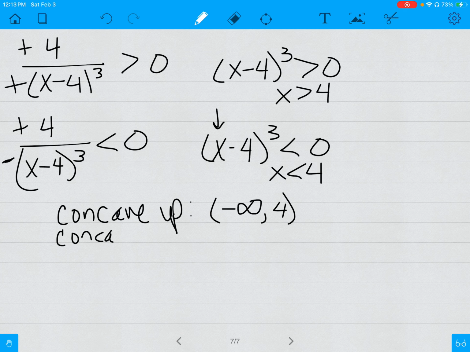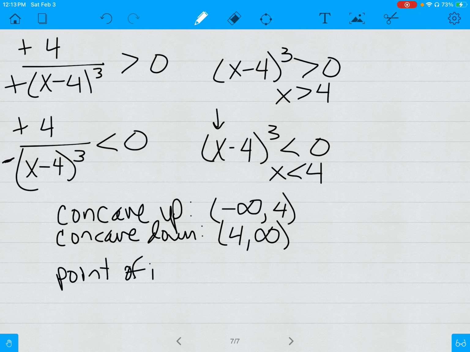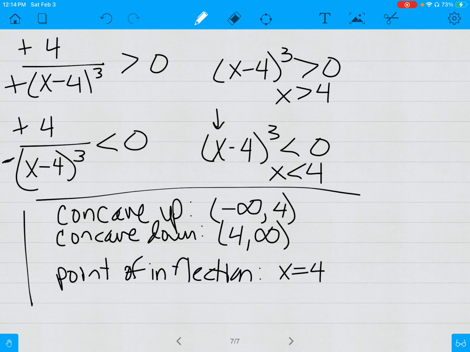Our function is concave down from 4 to infinity, open interval. And then the point of inflection, that happens when the function changes concavity, when it changes from concave up to concave down. And so for this particular function, that happens when x is equal to 4.